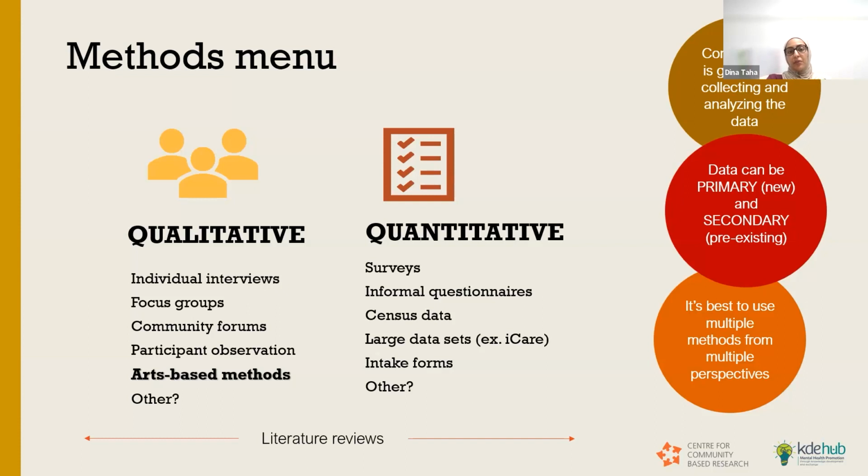On the other hand, we have quantitative methods, the most known of which is survey data. These kinds of methods, in contrast to qualitative methods, are good for breadth of understanding, large scale generalization or generalized information. They're concerned with measurements and numbers.